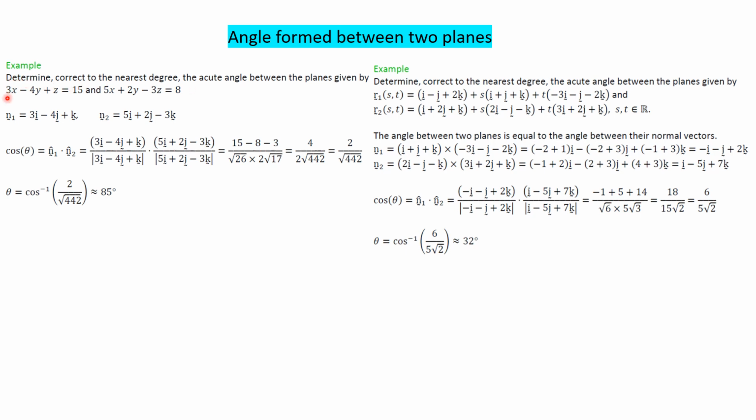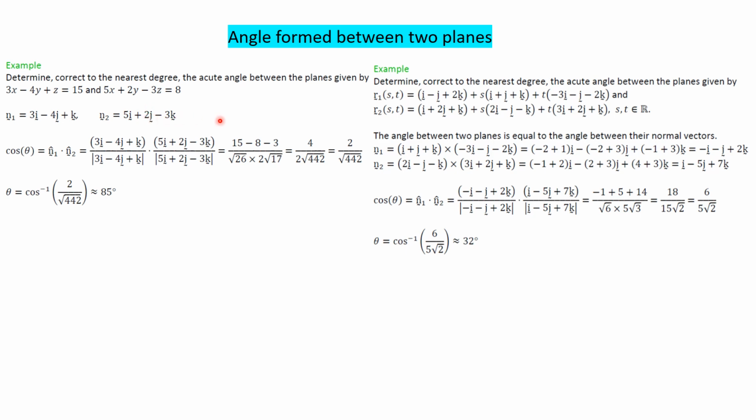From the first equation, you can work out n1. Hopefully by now it's clear enough. On the left hand side, you take the dot product between r and n, and you get this. So that means n1 has got to be 3i minus 4j plus k. Similarly for the second plane, n2 would be this.